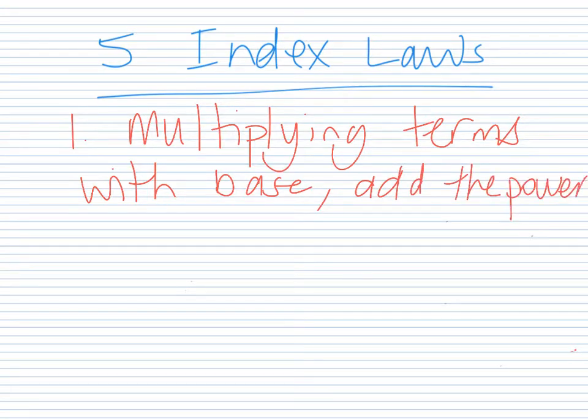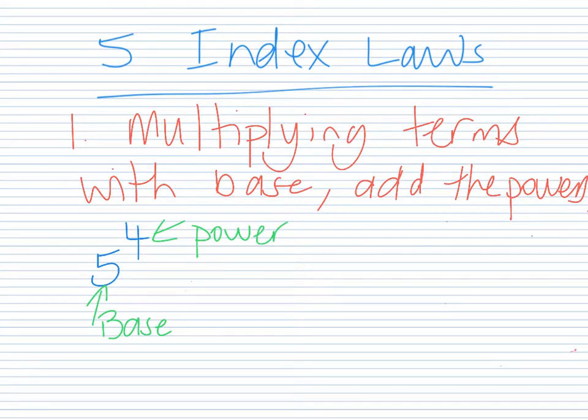So let me show you what that looks like. We have the number 5 and we have to the power of 4. You would remember that the 5 is our base and the 4 is our power.